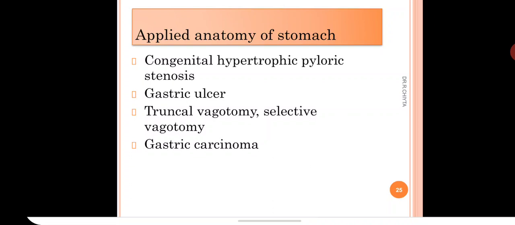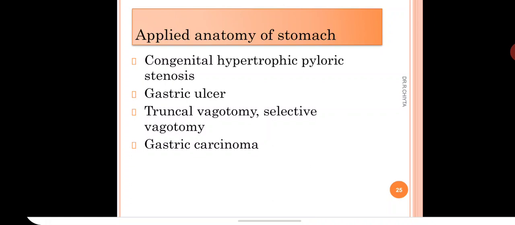We have seen elaborate details of the stomach, starting from the situation, size and shape of the stomach, parts of the stomach in detail, arterial supply, venous drainage, lymphatic drainage, and also the applied anatomy of the stomach. You can also prepare histology of the stomach and the development of the stomach along with this topic.